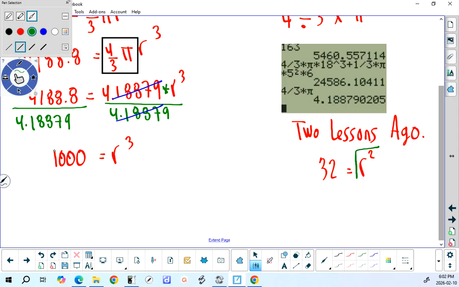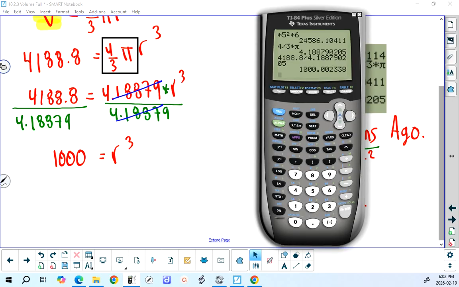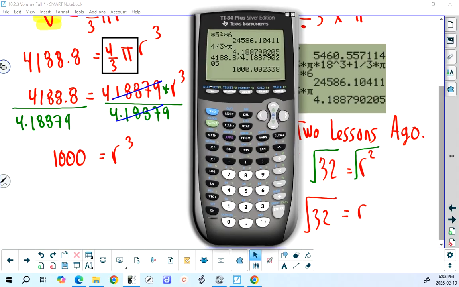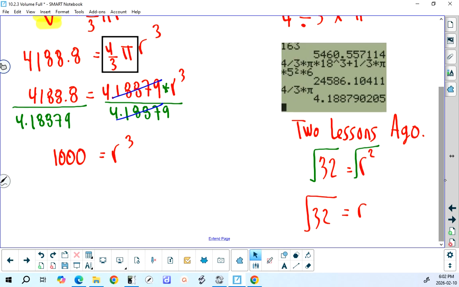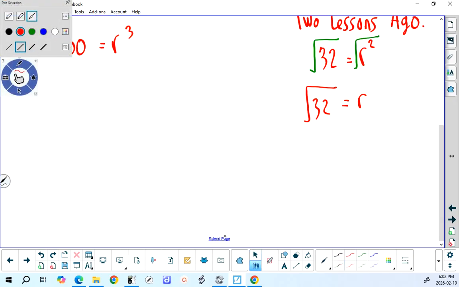When you take the square root of r squared, you just get r. So r is equal to the square root of 32. And on our calculator a couple of days ago, you found the square root function, and then you entered 32, and that was our answer, 5.7. So r equals approximately 5.7.